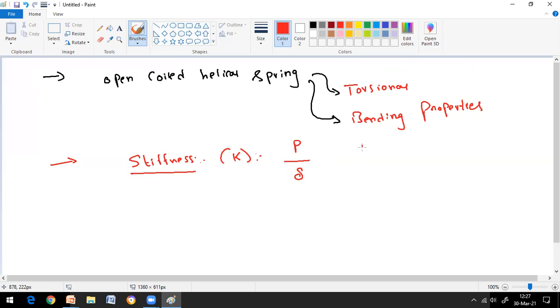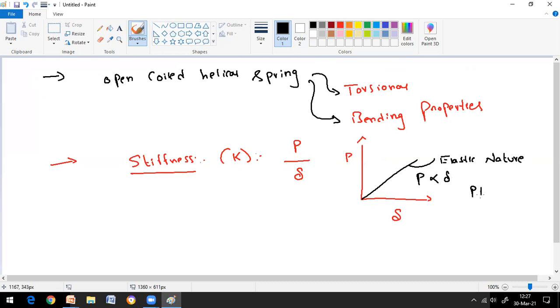If you take a graph between load versus deflection, the graph of a spring will always be linear. Why? Because linear indicates the elastic nature of the member, where P is directly proportional to delta.